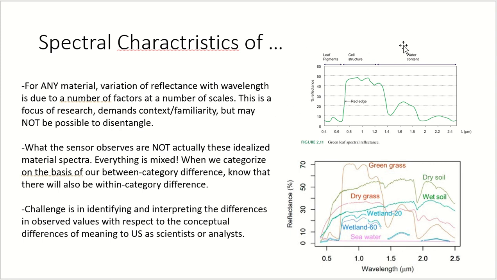So here in figure 2.11, for vegetation, we see the general explanation is that leaf pigments, their photosynthetic activity, explain visible reflectance. Cell structure explains the high reflectance in near infrared, and water content explains really how much is reflected in the shortwave infrared.